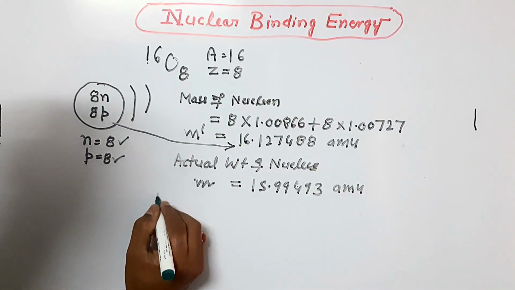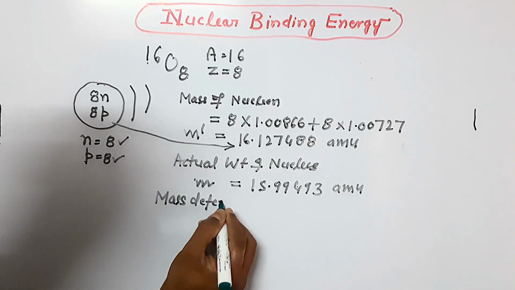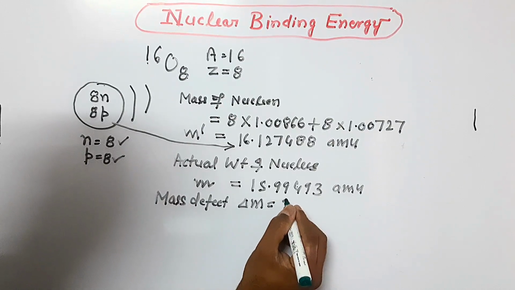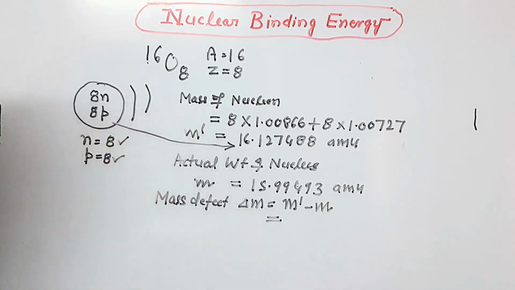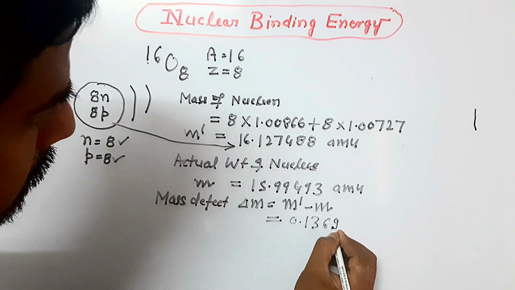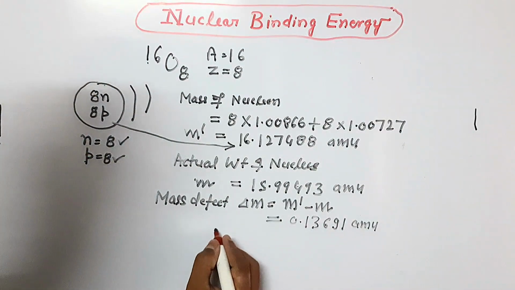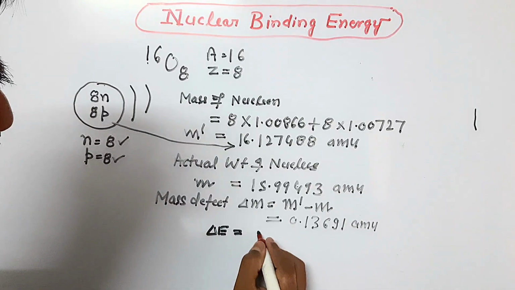So mass defect delta m is equal to m minus m dash, and this value comes to 0.13691 amu.